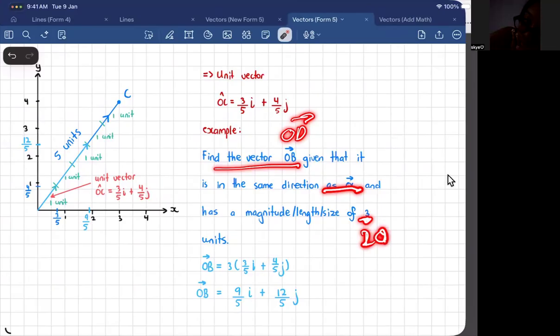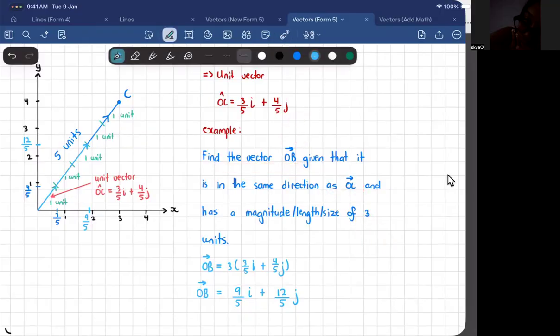So 20 by the unit vector. We multiply 20 multiplied by that, yes, right?